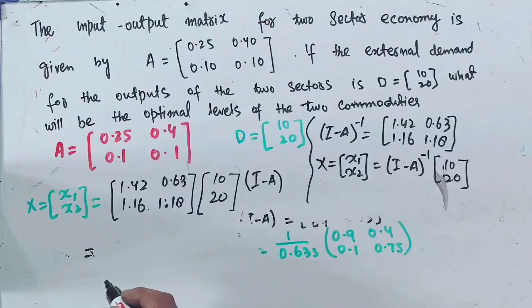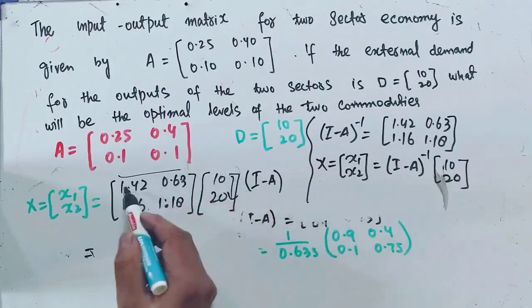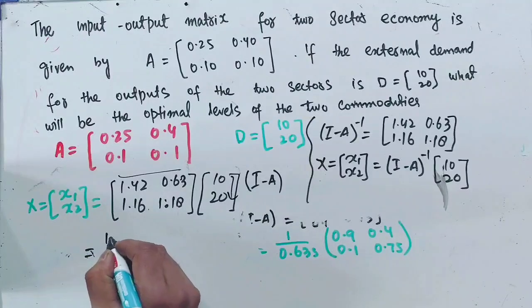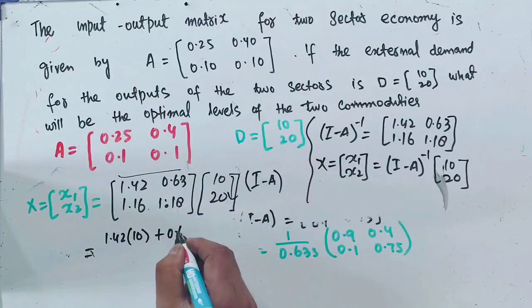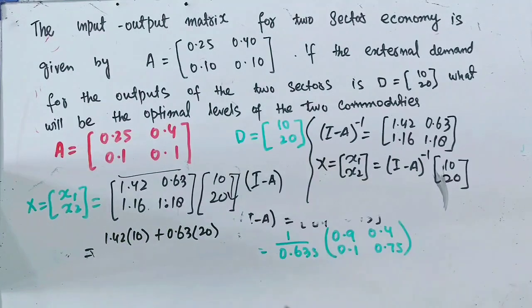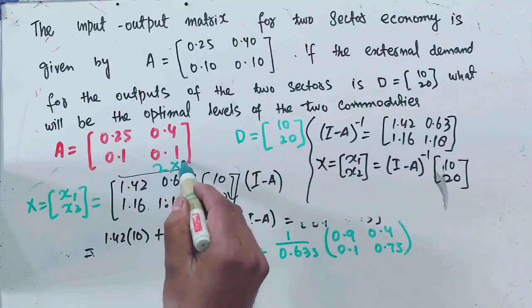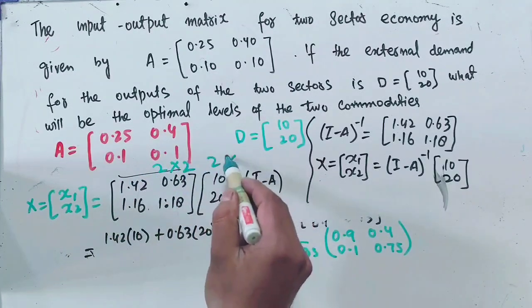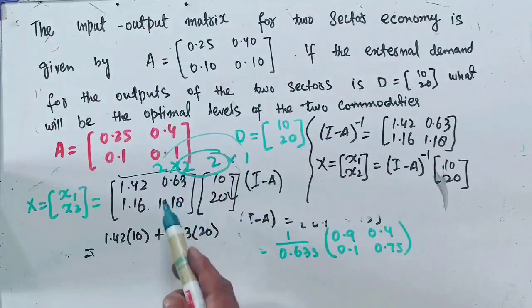Multiplying row with column, we get 1.42 times 10 plus 0.63 times 20. And what will be the order of the new matrix? Here we have 2 into 2, here we have 2 into 1, so the order of the new matrix will be 2 into 1. So we will have 2 rows and 1 column.